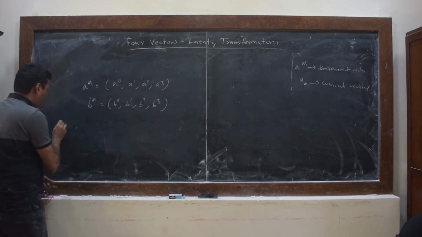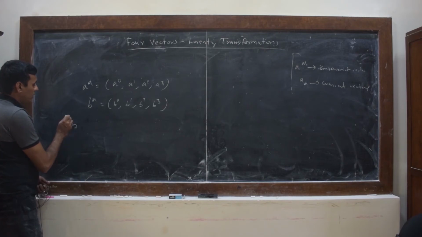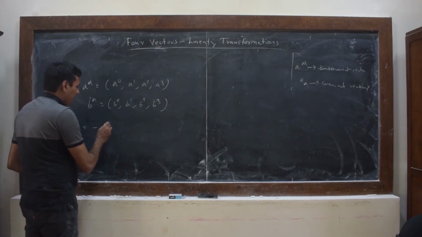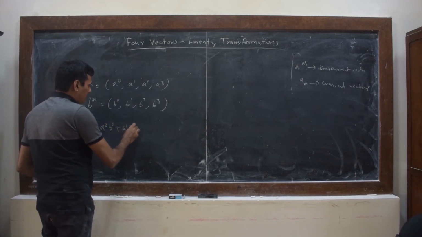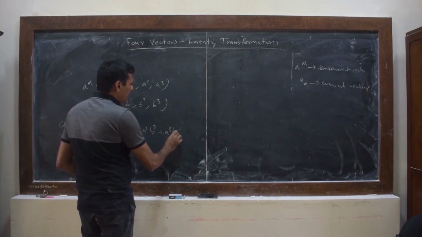The dot product A dot B, in the Lorentz case, is equal to minus A0 B0 plus A1 B1, as I have already told you, plus A2 B2 plus A3 B3.